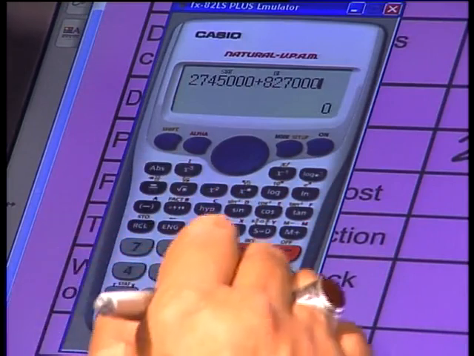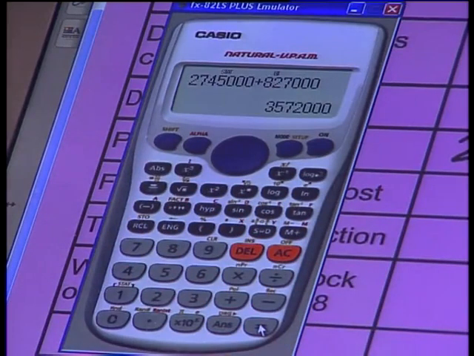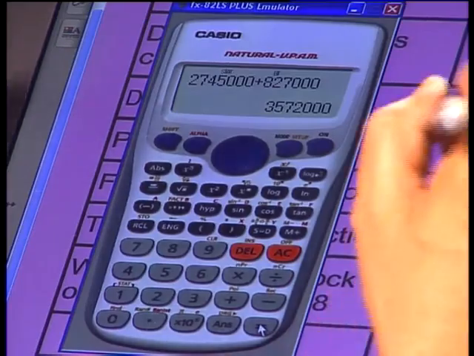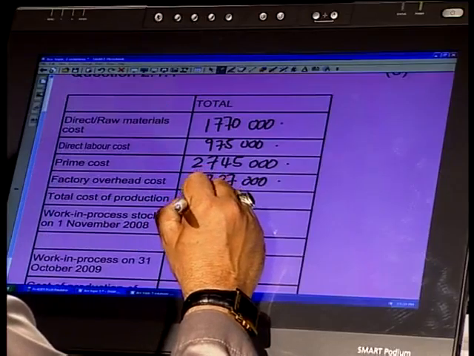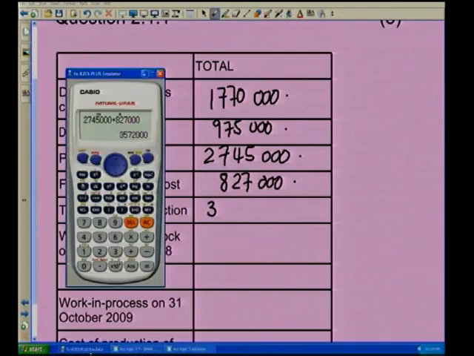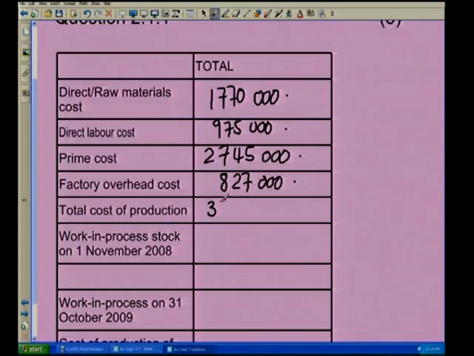Let me do that. 2,745,000 plus 827,000 to give me a figure of 3,572,000. Let's get that figure again: 3,572,000.